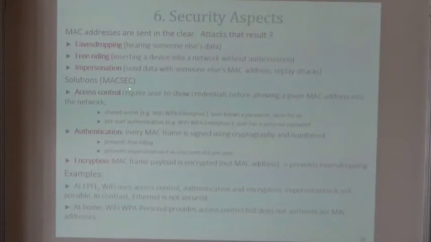There are solutions to that, which collectively we can call MACsec. So security exists at different layers. Now we're talking of layer 2 security. Layer 2 security is about controlling primarily the access to the network. MACsec is deployed typically on a wireless network. On a wired network, there are some proposals, but most of the time, security is not really implemented there.